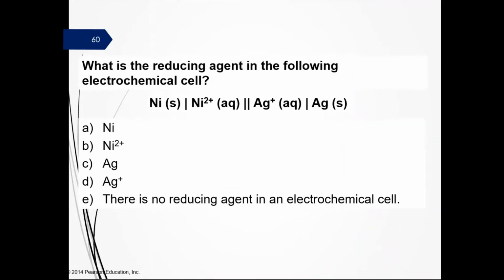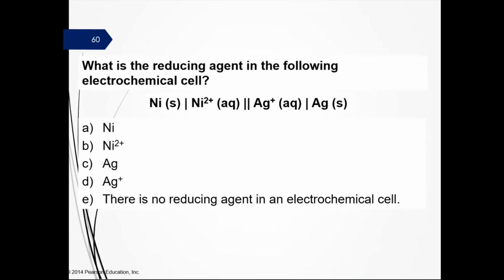So this is a practice one for you to practice going over reducing agent versus oxidizing agent. So think about what that means. A reducing agent is going to be something that causes the other thing to reduce.